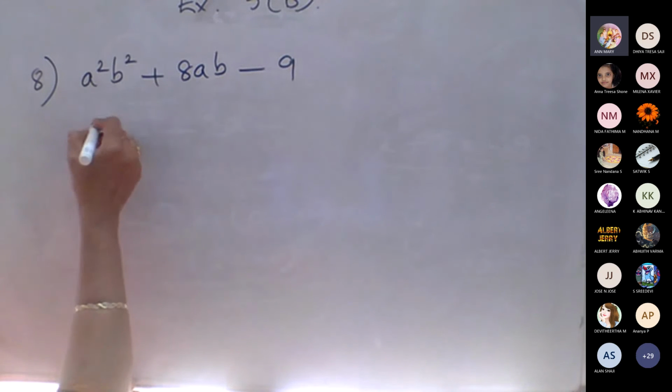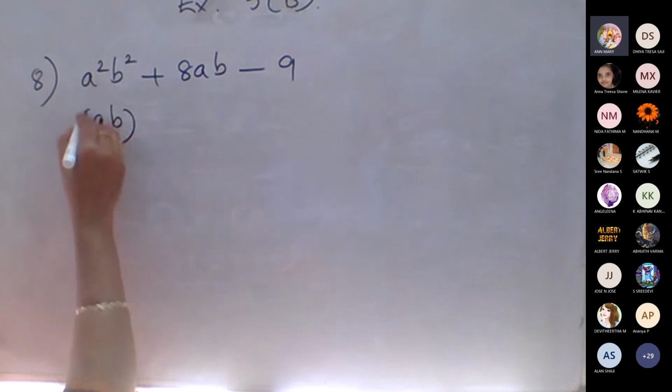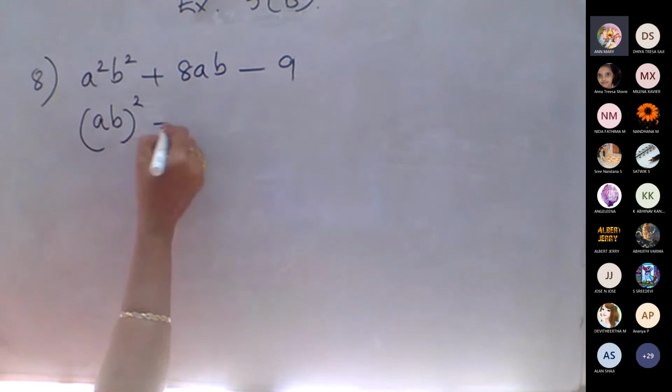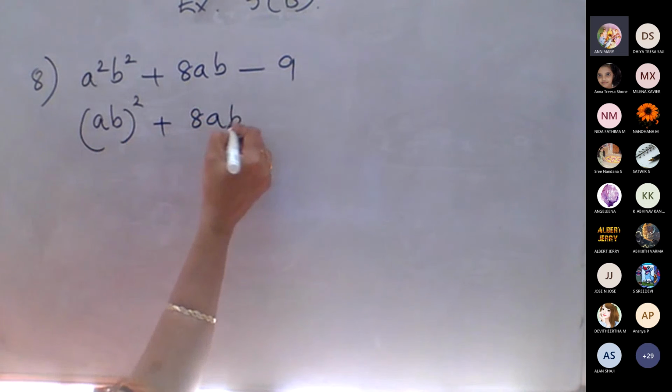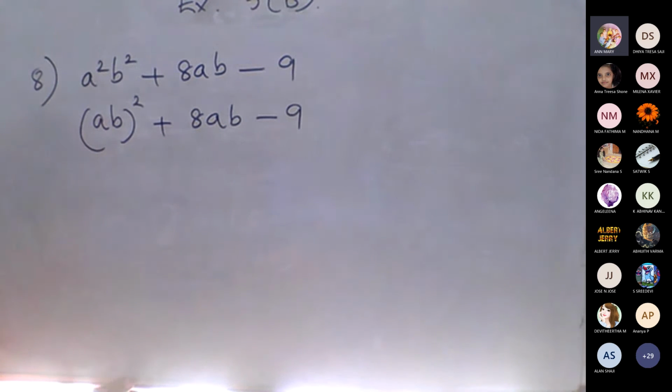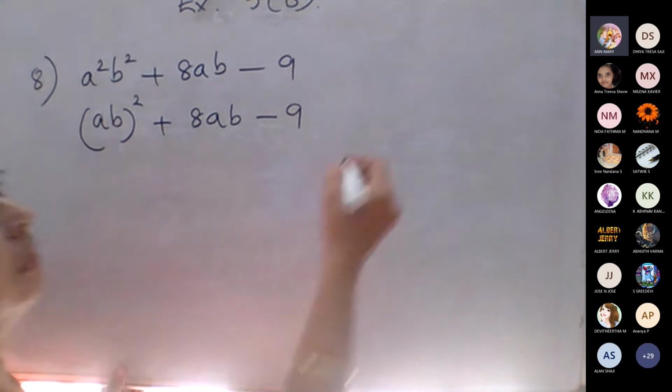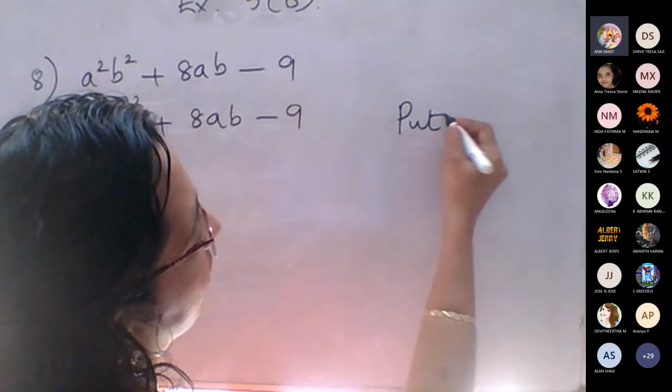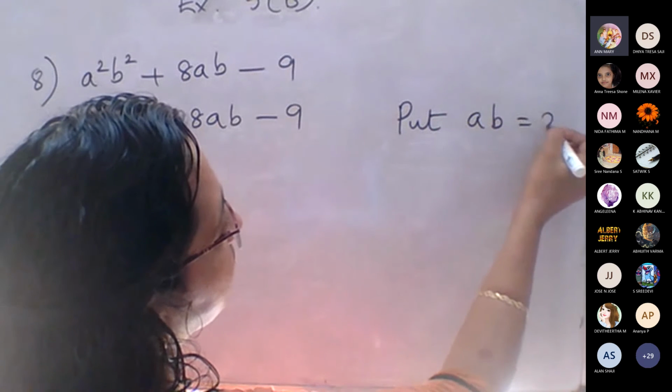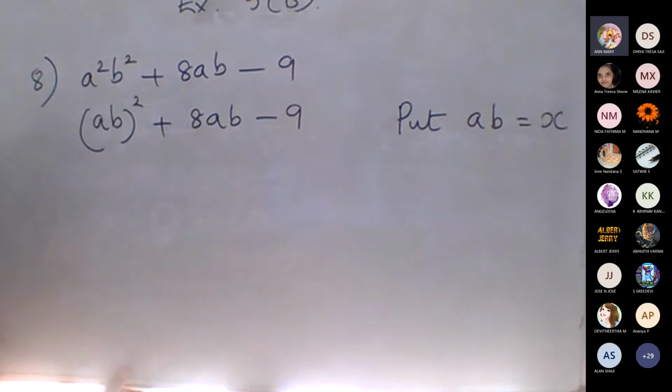A square b square means we can write it as ab the whole square, no? Together we can write. Plus 8ab minus 9. With a and b it is difficult for us to calculate. So what we can do is put ab as x. For our convenience we are changing that.